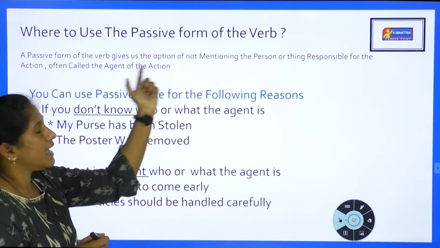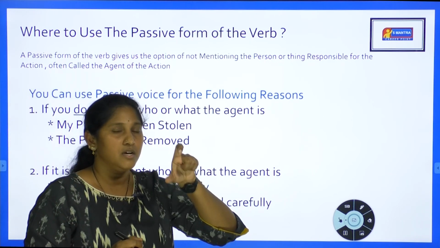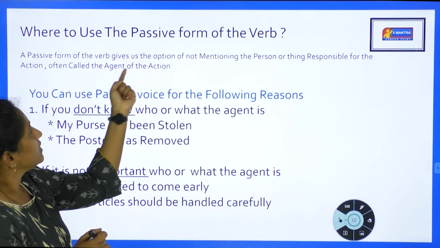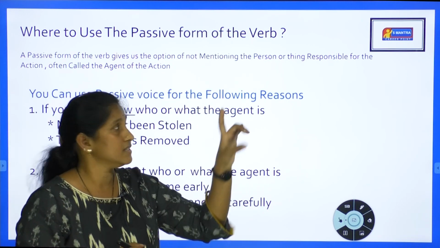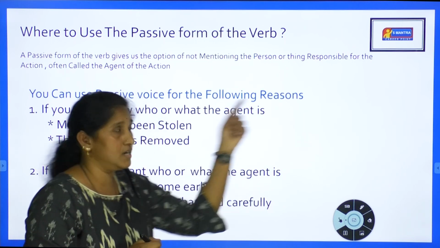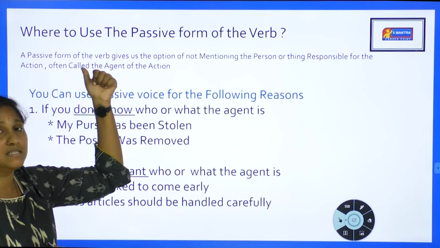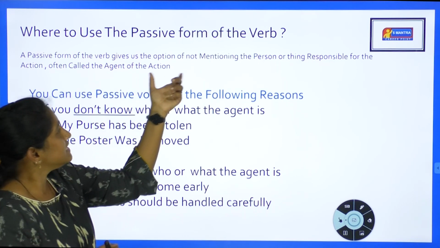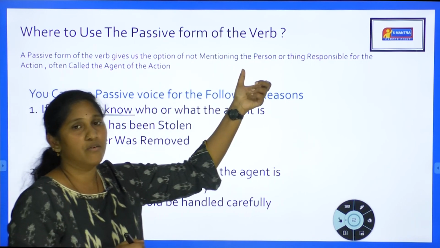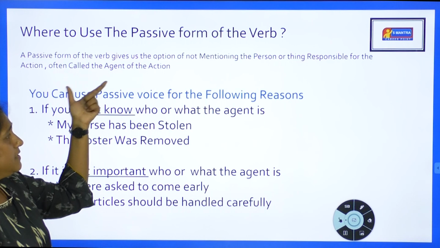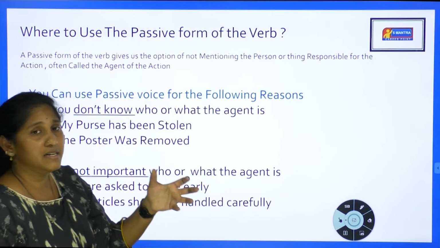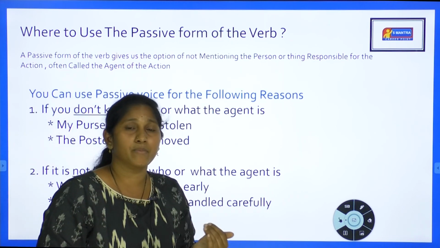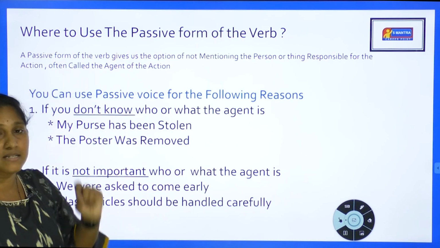Passive form of verb gives us the option of not mentioning the person or the thing responsible for the action. So the agent's information is hidden. That is the facility we have in passive form of sentences. In passive form of sentences, we can mention sometimes, and sometimes we cannot mention, the agent's information.